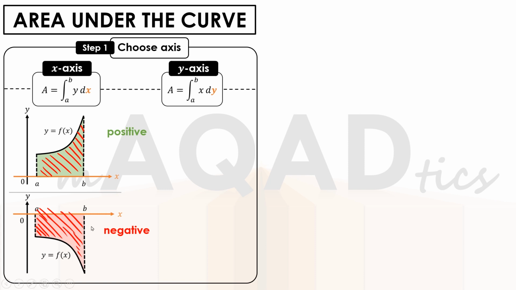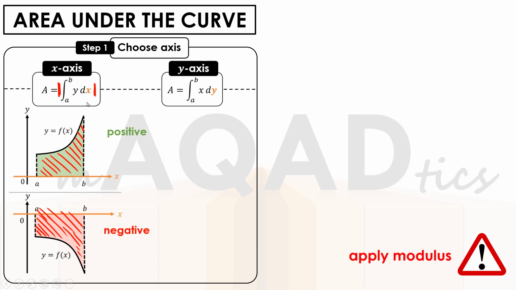So now you'll be wondering, areas cannot be negative, so how do I solve my question? So if you have this kind of area, what we can do, very simple, is just to apply the modulus to our formula to change the answer from negative to positive.